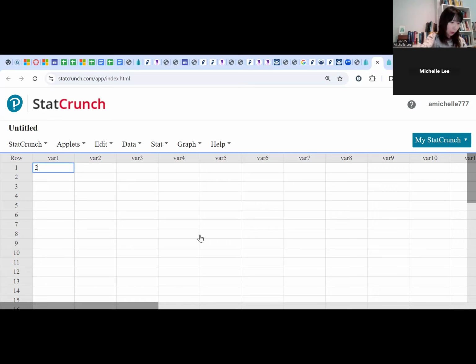Let me type 2, 3, 1. We have to input all the data in one column.